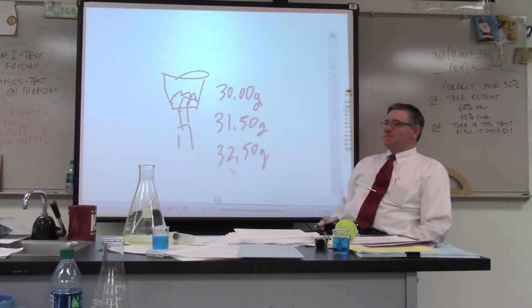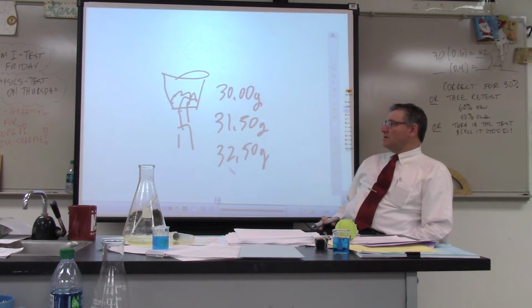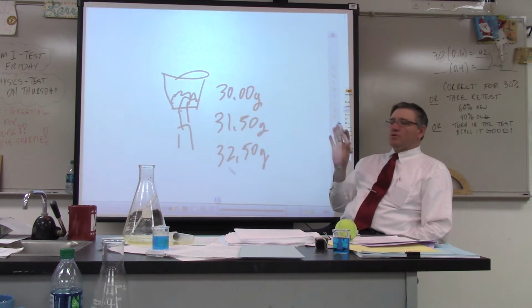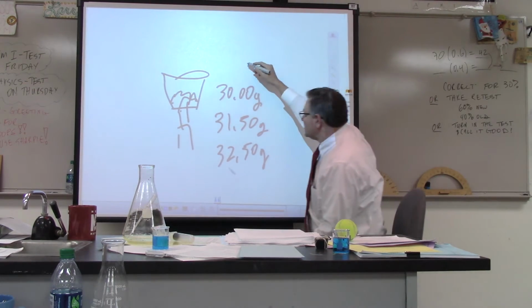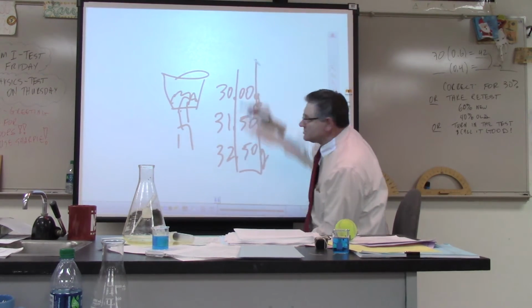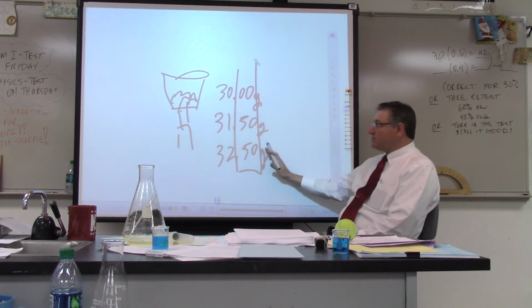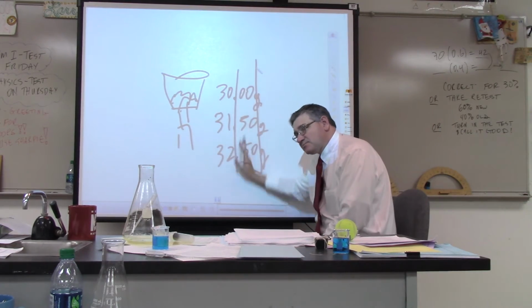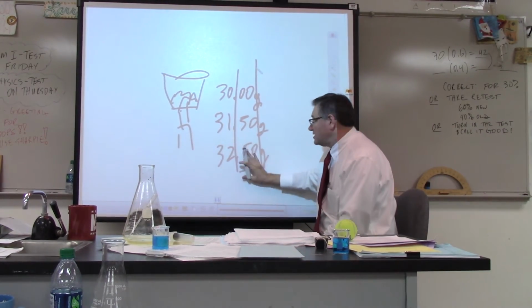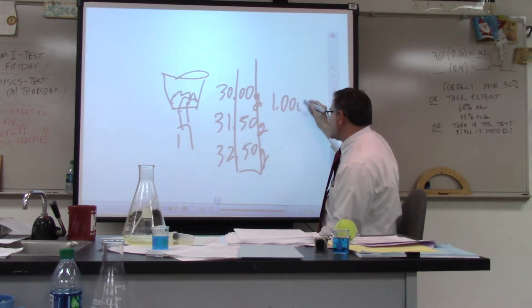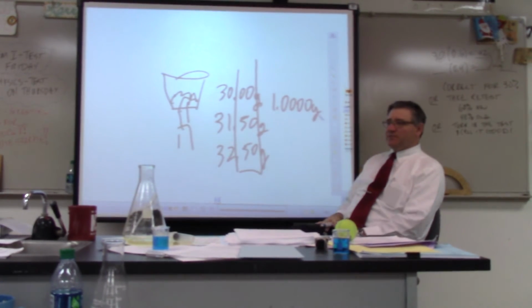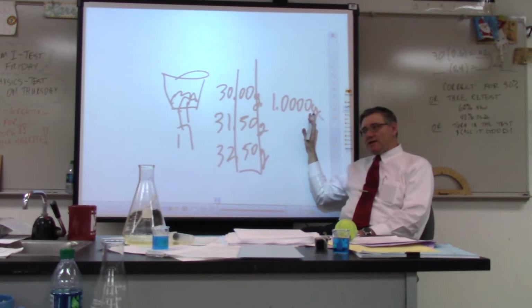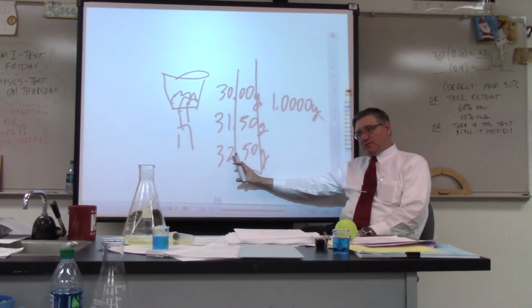Yes? Would you want us to put 1.000 for the mass? No. Look, when you subtract, this scale only measures to here. So when you're adding or subtracting, remember, it's the least precise place value. Because if you tell me that the mass has 4 significant digits, I think that you had a different scale than what you measured here.